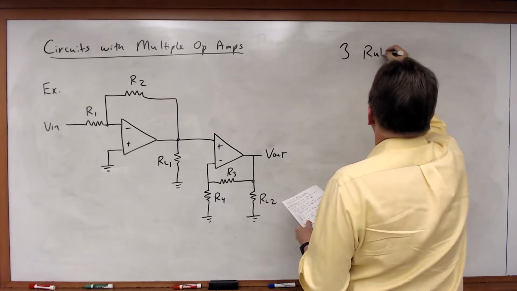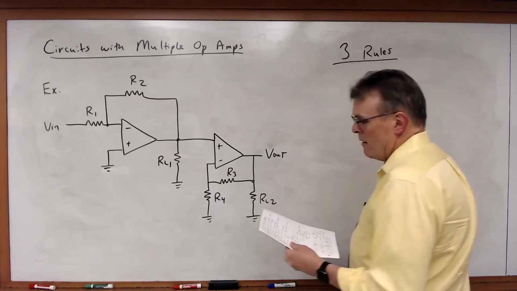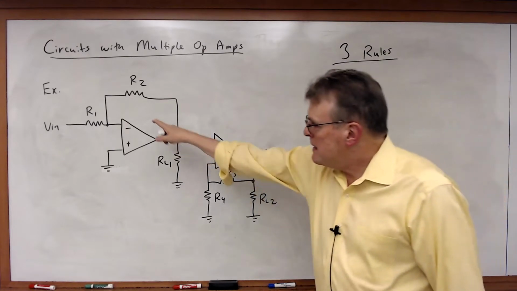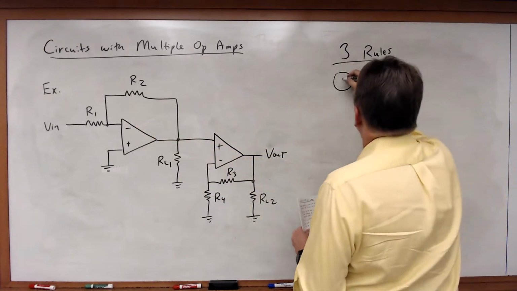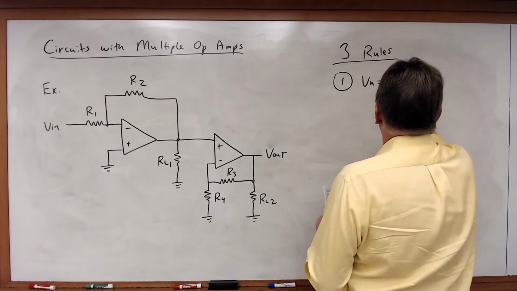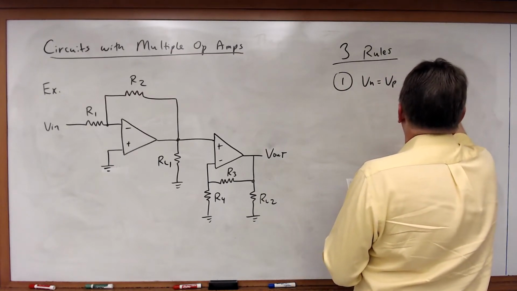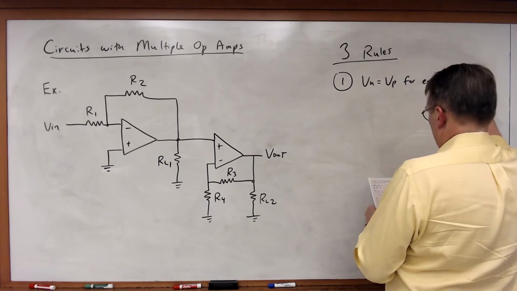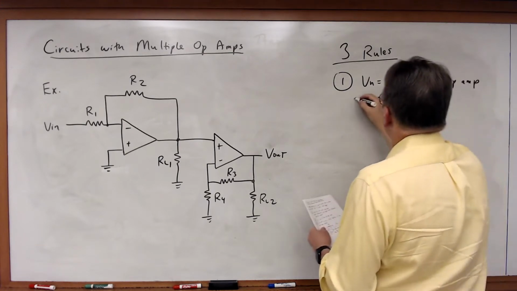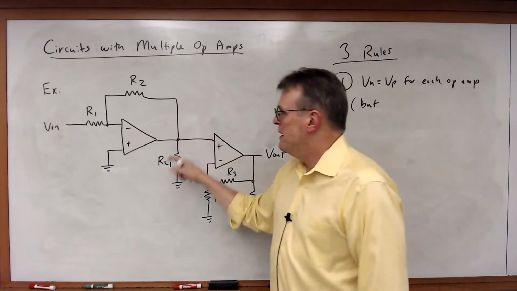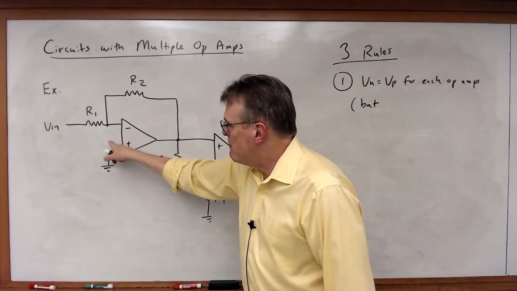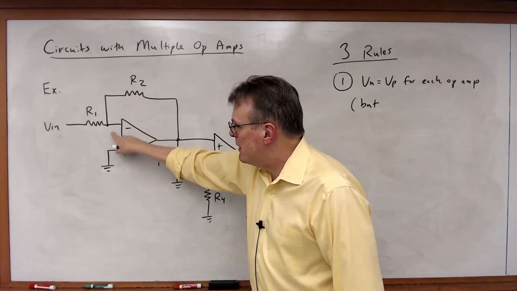So our 3 rules of analysis. First of all, Vn is equal to Vp for each op-amp. However, that doesn't mean they all have the same voltage. It means for each op-amp, Vp is equal to Vn for that op-amp. They're the same voltage.